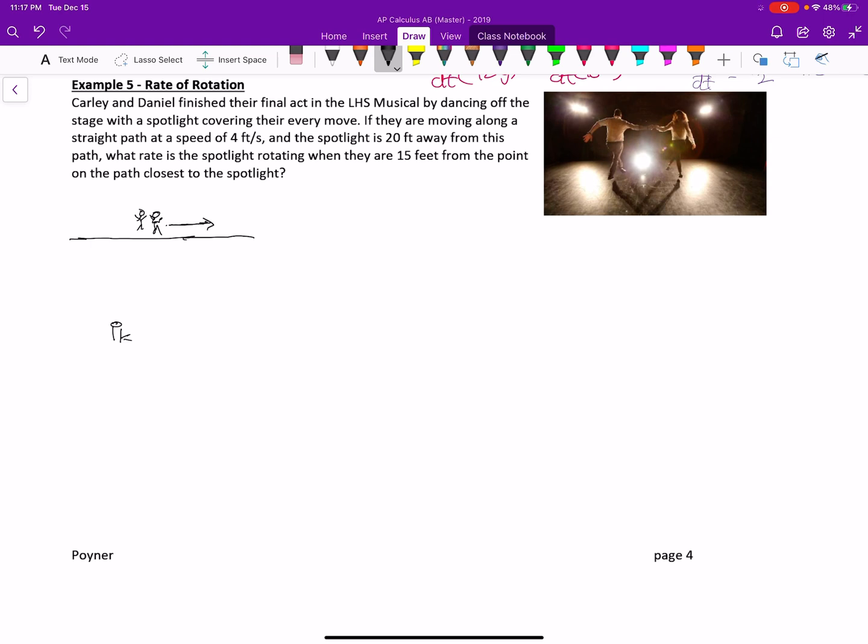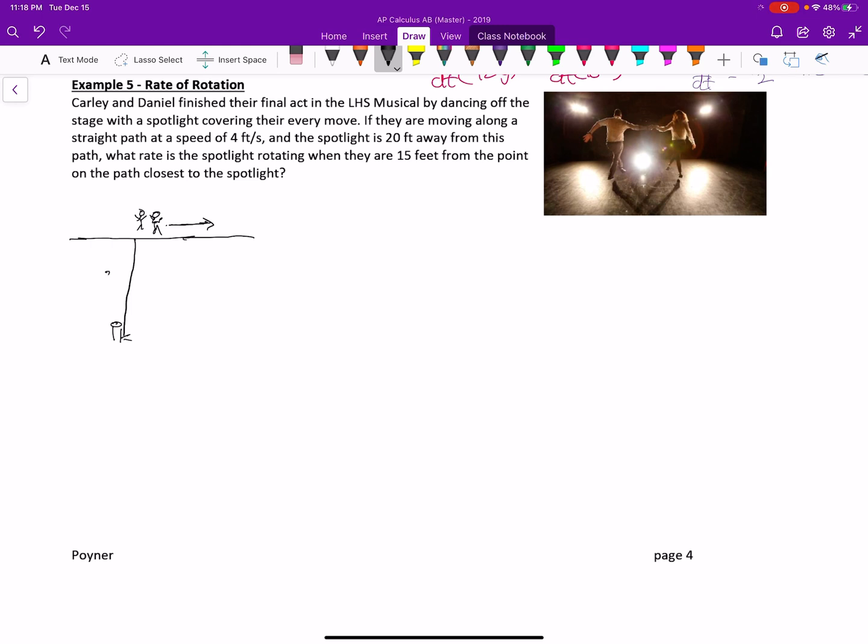Where the spotlight is closest, it's a point away from a line, so remember, that's a perpendicular distance. What is the rate of the spotlight rotating when they are 15 feet from the point closest?